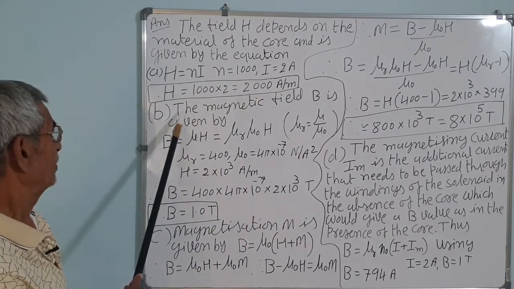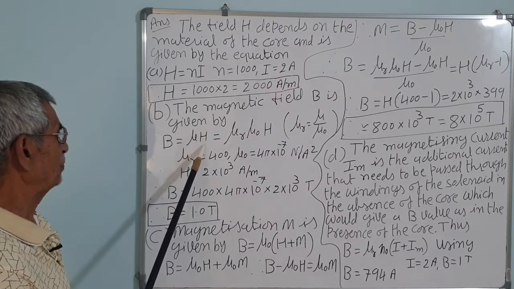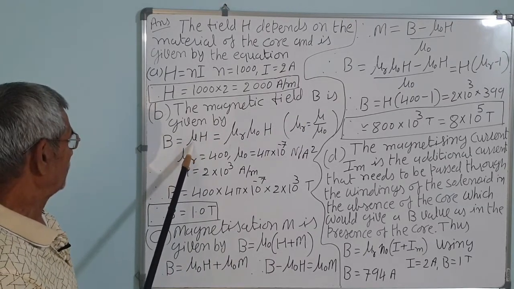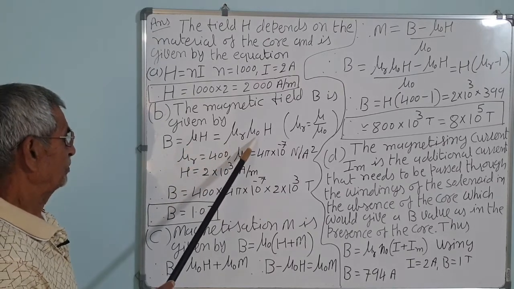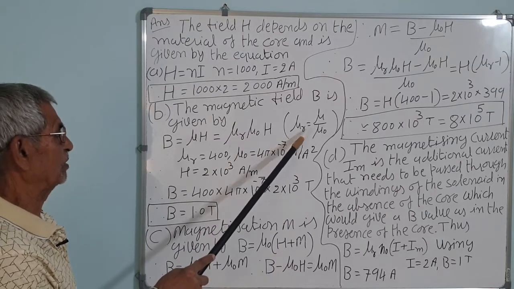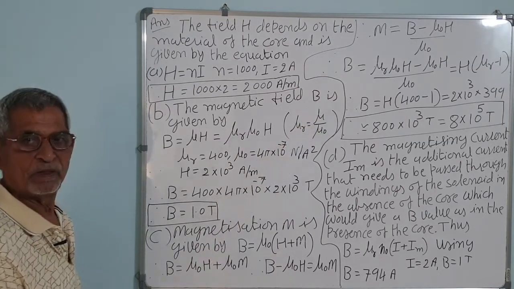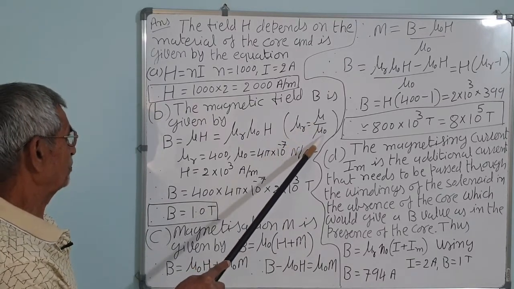Now, next B. The magnetic field B is given by the equation B is equal to mu H. Mu is the permeability of the medium, that is equal to relative permeability into permeability of free space. Relative permeability is the permeability of the material upon permeability of free space. That is mu is equal to mu r into mu 0.